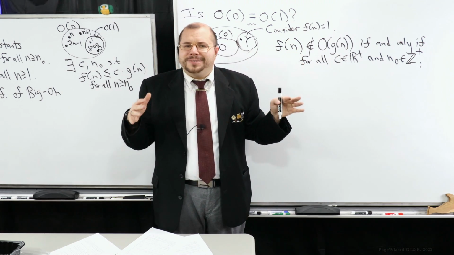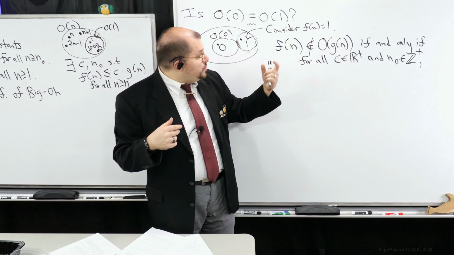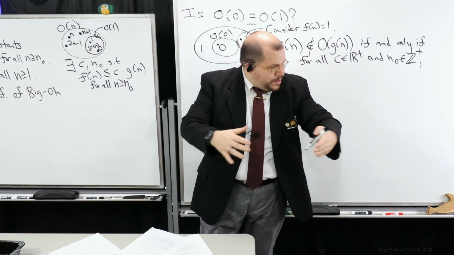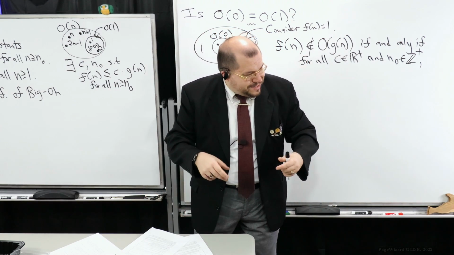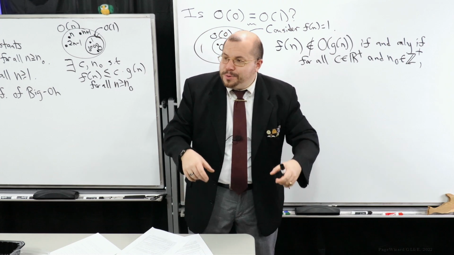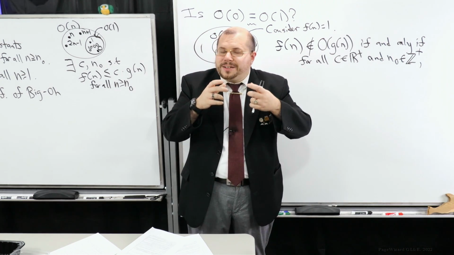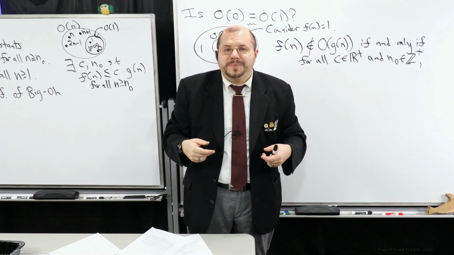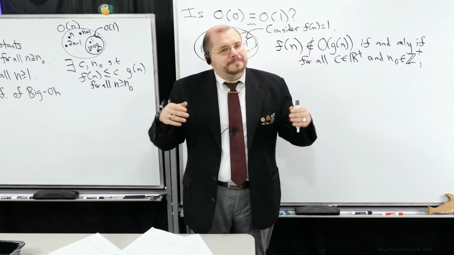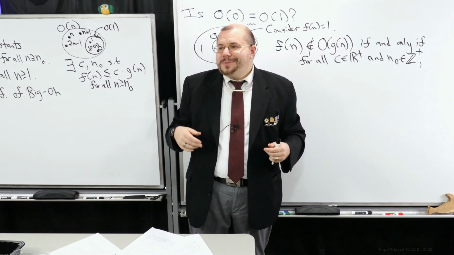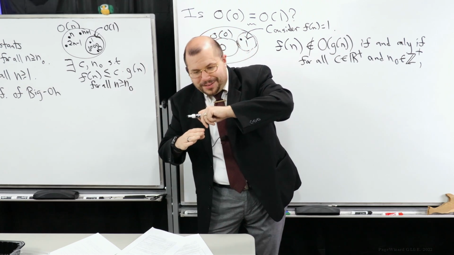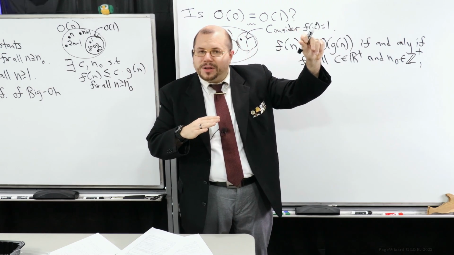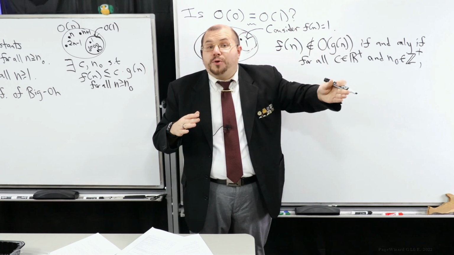Here's the thing. Suppose that there's a bucket of c's and n0s I could pick out, and I put them together. If somebody tells me those work, how can I refute that? Well, it's really not that bad. Remember, the whole thing was that one of the functions dominates the other by some constant multiple after some point n0.